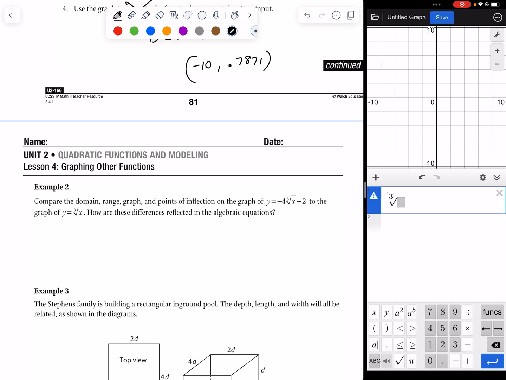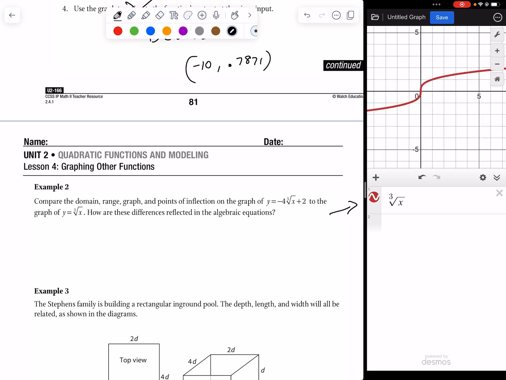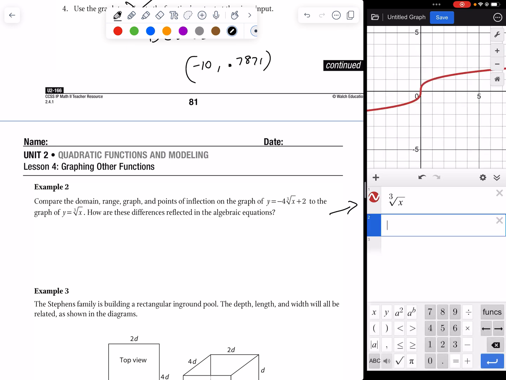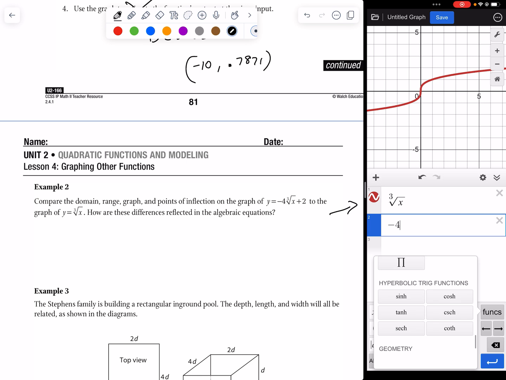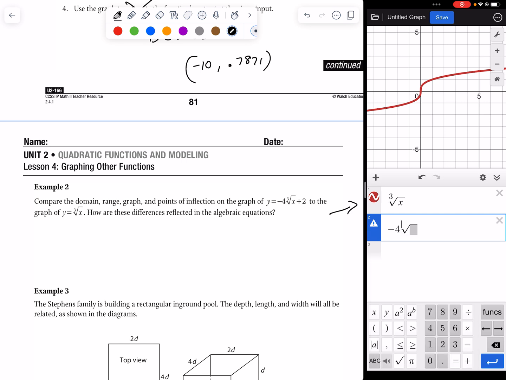You put a 3 there, so x. Now you see what that looks like. And then now let's do the same thing, negative 4, scroll all the way down, third root of x, and after the roots, plus 2.